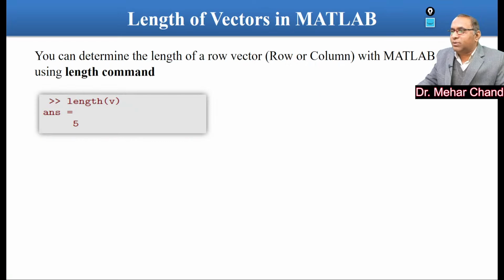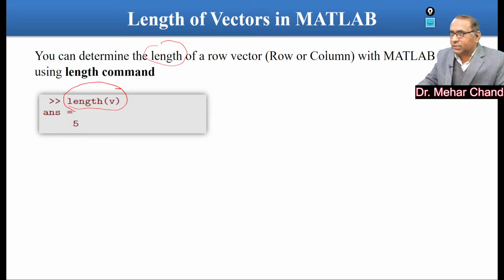If you want to find out the length of the vector, this is quite simple to use here. The command is length v. This is the function, and this function is inbuilt in MATLAB. The same function will be used whether it is row or column.